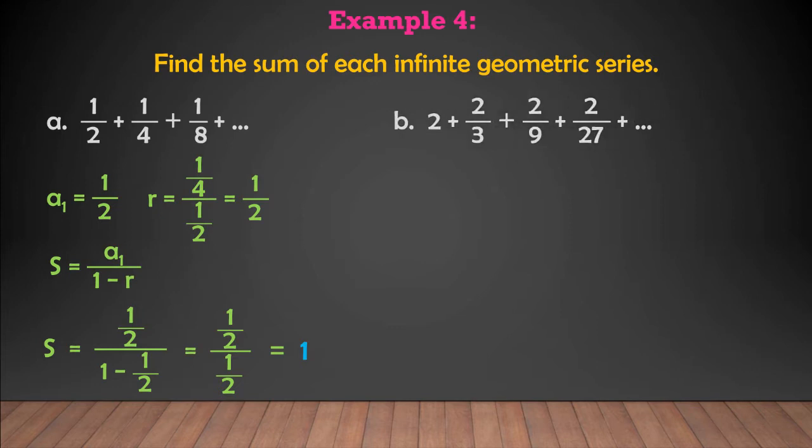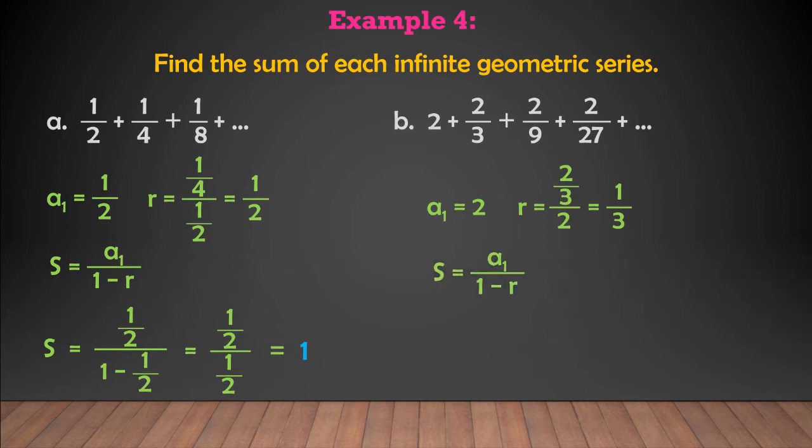Letter B, 2 plus 2/3 plus 2/9 plus 2/27 plus dot dot dot. Here, a sub 1 is equal to 2. The common ratio r is equal to 2/3 over 2, or that's just 1/3.